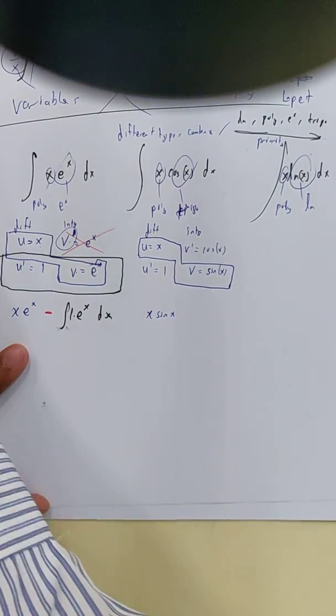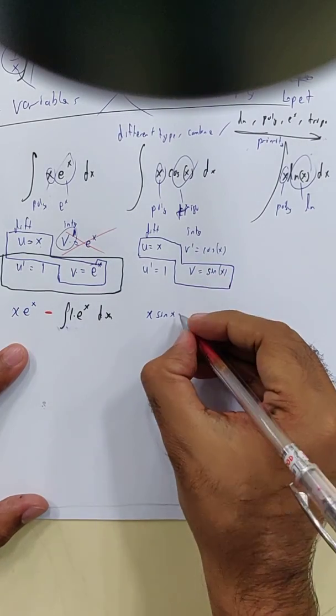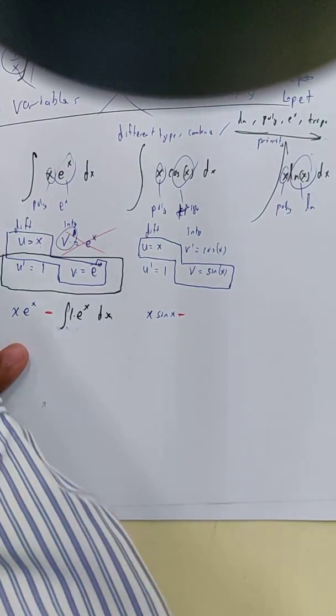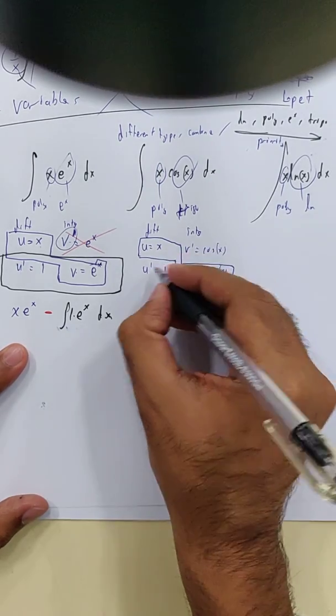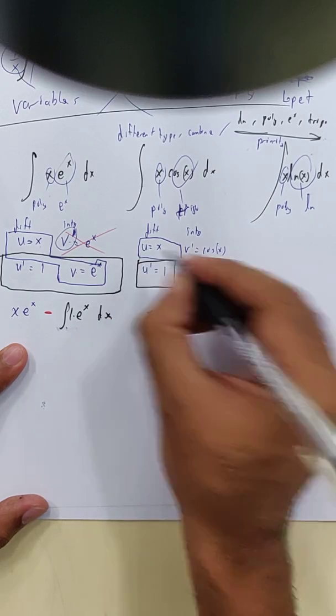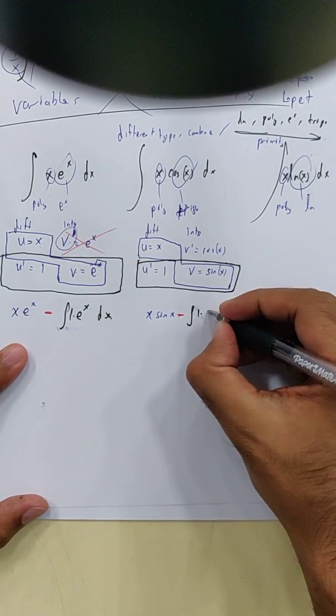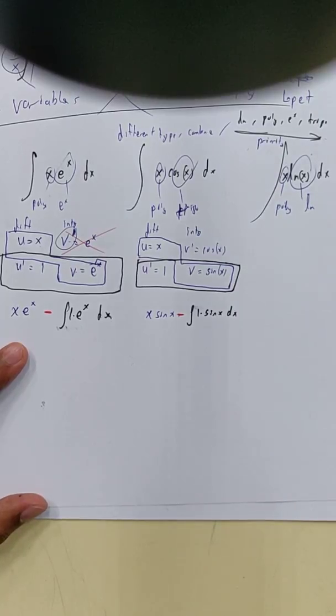And then what do I do? Minus. And then what do I do? I integrate, I combine the bottom one, which in this case is 1 sine x. Automatically x there, it's not difficult to memorize. Are you okay?